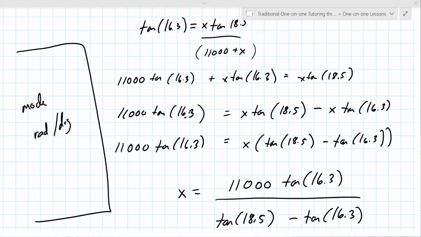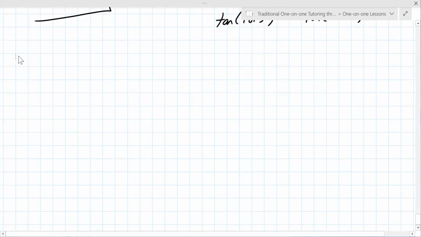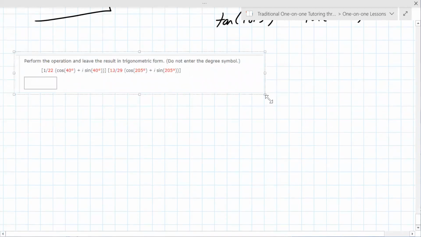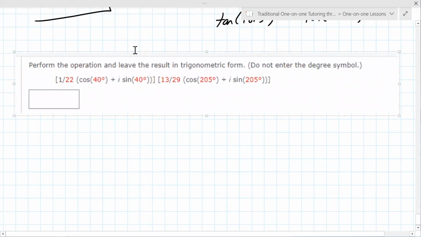Perform the operation. Okay, cosine 40 plus i sine 40, times 13 over 29 cosine 25.